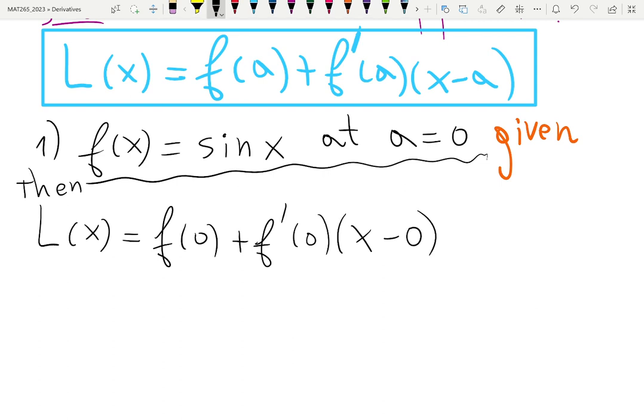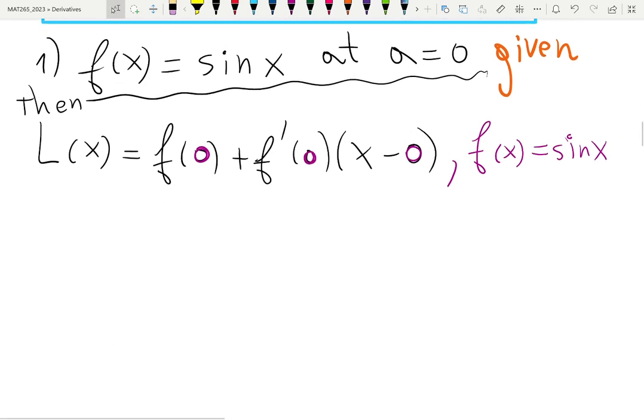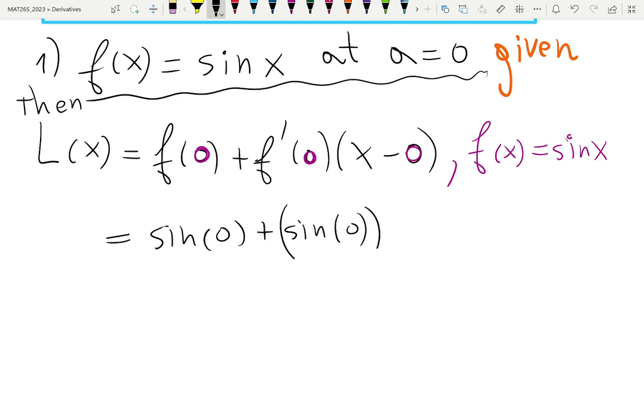You're plugging in everything you know, which is basically only one thing for now, 0. The second thing, you know the function. So you can write down f of x is sine x. You could have skipped this step and written right away that L of x equals sine at 0 plus derivative of sine at 0, times x minus 0. Make sense?